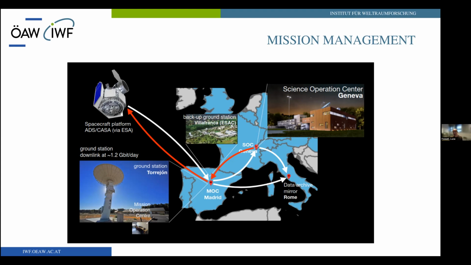The schedule is then sent to Madrid, where the MOC is, and then the MOC sends the telecommands on board to CHEOPS, and then CHEOPS sends the data back to the MOC in Madrid, and then Madrid diverts the data to the SOC in Geneva again, and to the archive, which is in Rome.